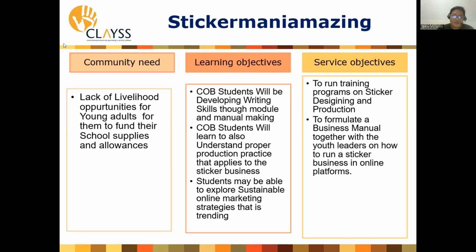The learning objectives: College of Business students will develop writing skills through module and manual making. COB students will learn to understand proper production practices that apply to a sticker business. Students may also explore sustainable online marketing strategies that are trending.